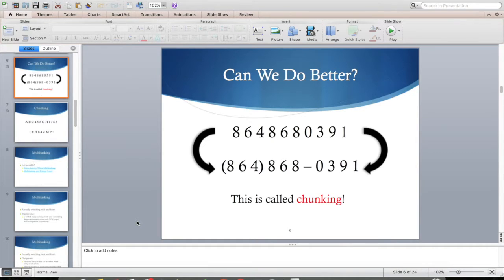Going back up here to chunking. Chunking is where we take more than the 7 things that we can remember, and we actually group them into things that are familiar to us. And it actually makes the process of remembering things easier. For instance, when we have this list of 10 numbers here, we shouldn't actually be able to remember that because we can only remember an average of 7. But whenever we see 10 numbers, we typically think of it like a phone number, right?